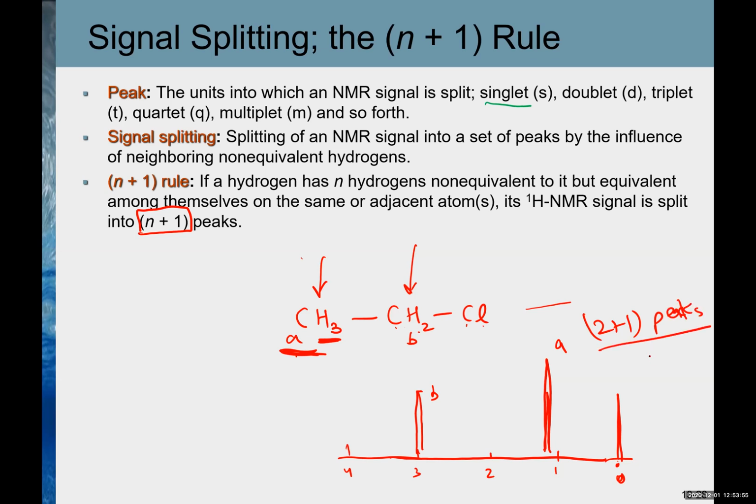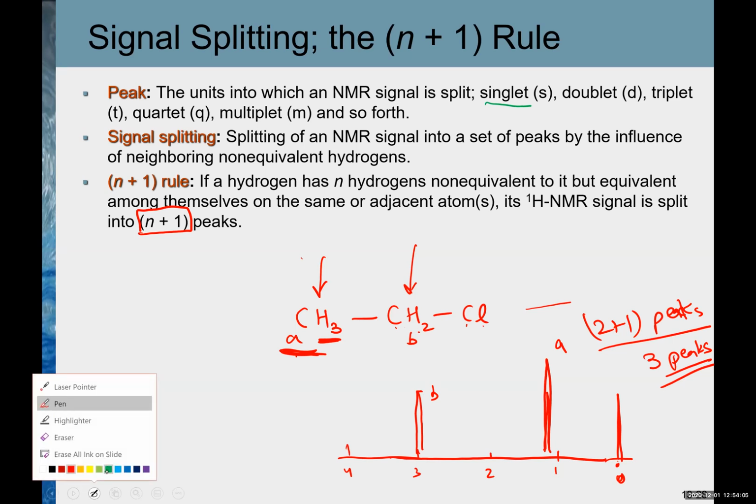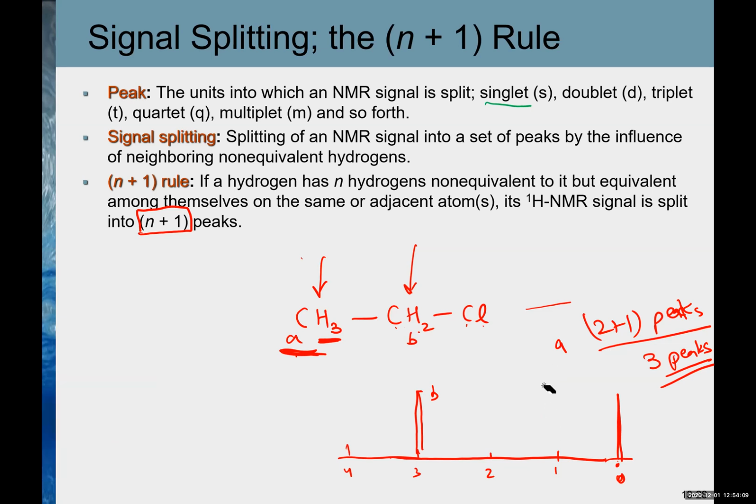So 2 plus 1 is how many? 3 peaks. So therefore, signal A will not look like a single peak, but instead, that's how it will appear. It will appear like a 1, 2, and 3. All 3 will not be the same size. The middle one will be larger. The other 2 will be the same size, half the size. So this signal is known as a triplet.